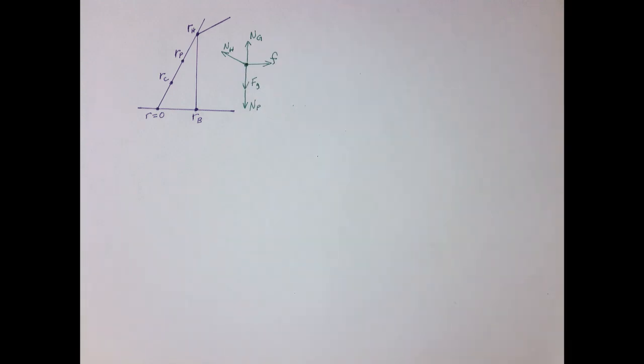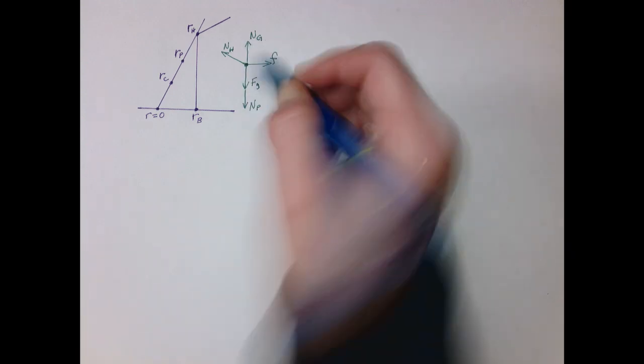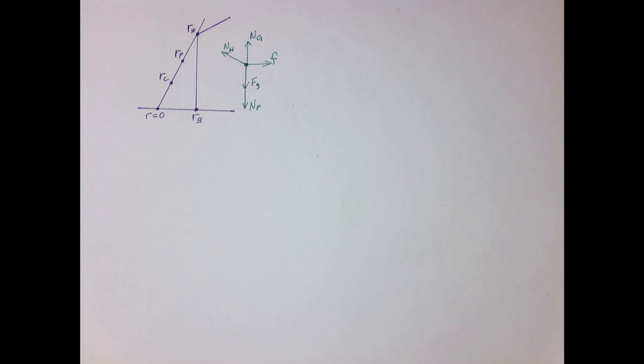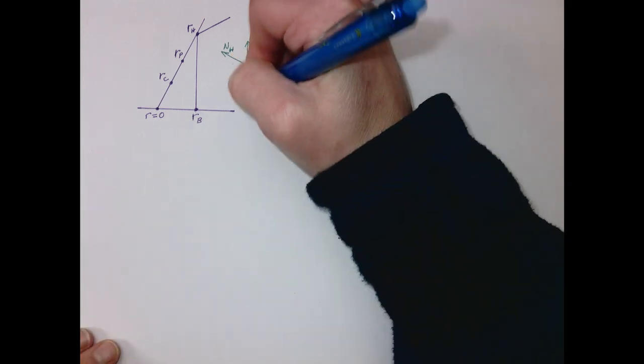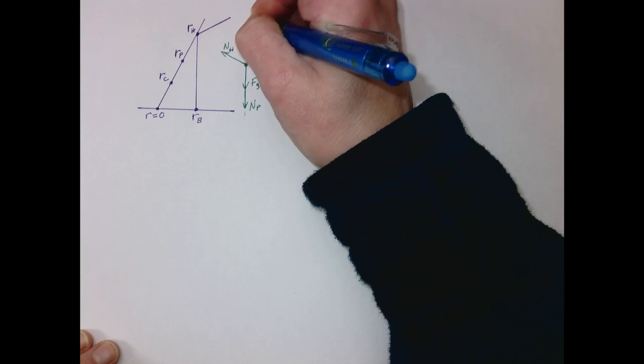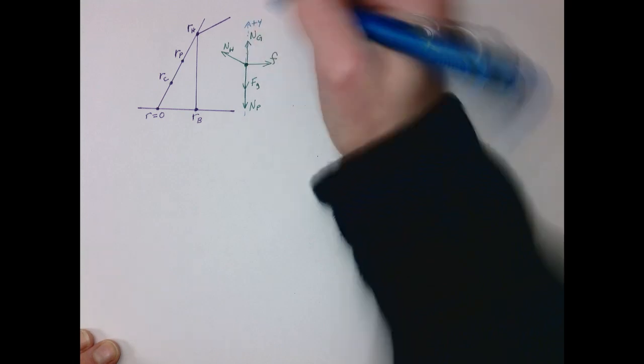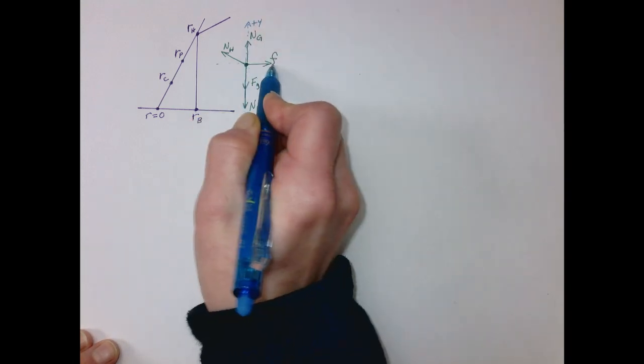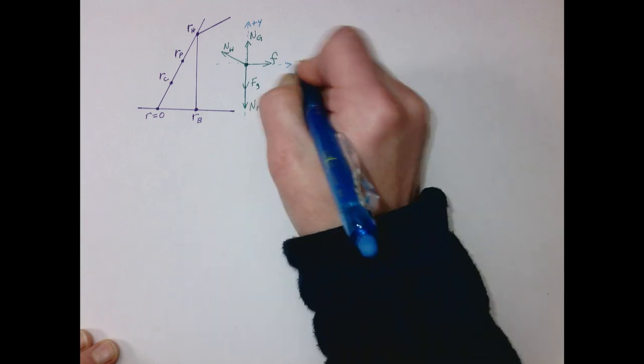In this problem, most of our forces are vertical and horizontal, so it makes the most sense to base our coordinate system on vertical and horizontal directions. Let's take up to be the positive y direction, and to the right to be the positive x direction.